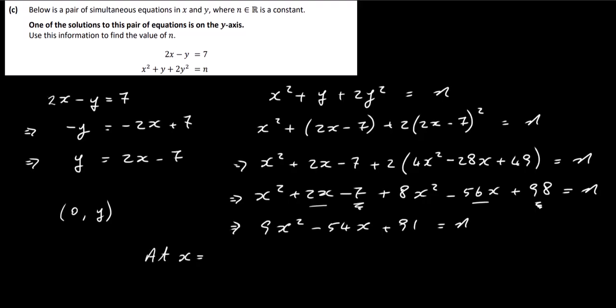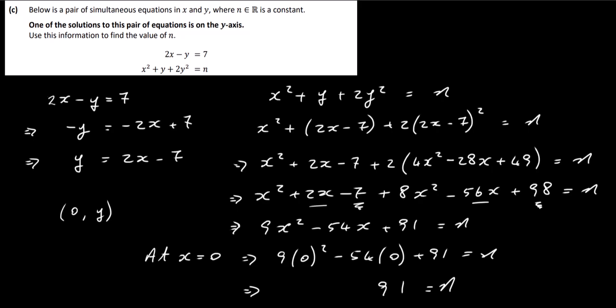So at x is equal to 0, we'll get 9 times 0 squared minus 54 times 0 plus 91 is equal to n. In other words, we'll end up with n is equal to 91. And that's it. That's the solution for n. That's really it for this question.